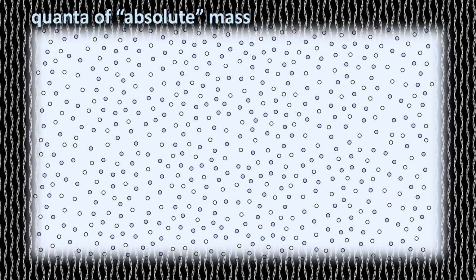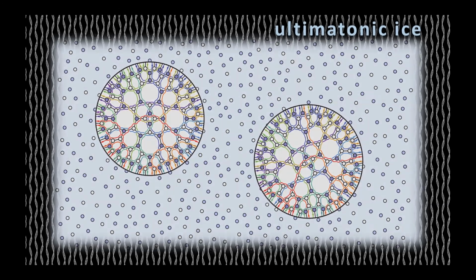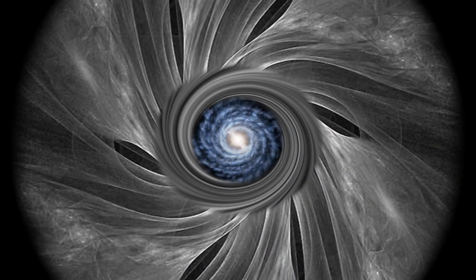Now, once again, imagine a few of these ultimatons as their temperature drops, arranging themselves as crystals of ice, but this time ultimatonic ice. Once again, this internal arrangement hasn't changed the number of ultimatons, so the absolute gravitational response, or dark mass, of this invisible galactic halo hasn't changed.